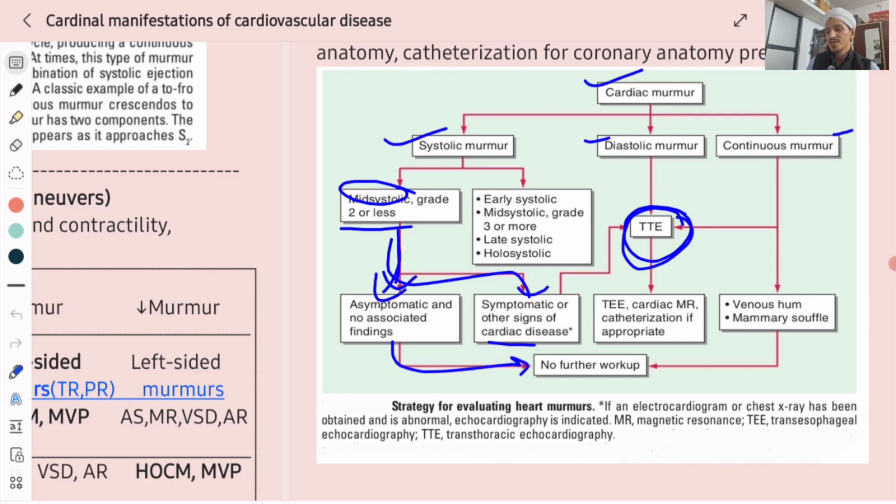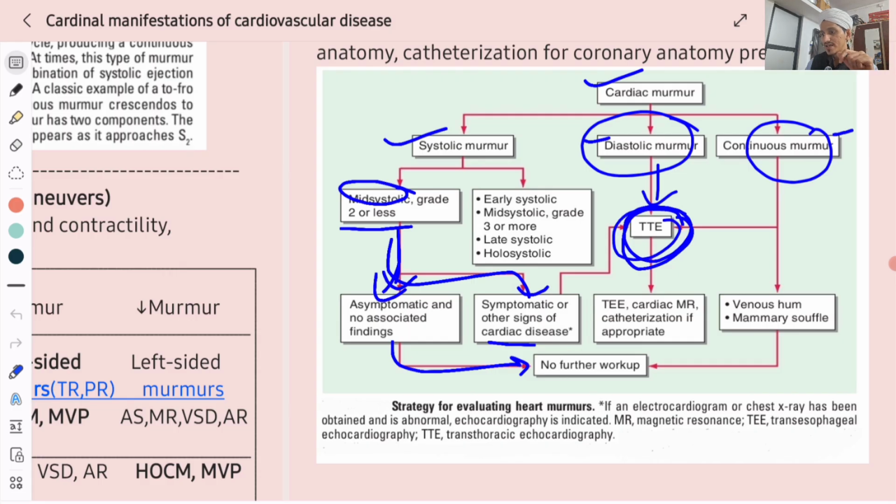Other murmurs, like an early systolic murmur, a mid-systolic murmur of grade 3 or more, a late systolic murmur, or a pan-systolic murmur, are all considered pathologic and you should evaluate by echocardiography. All diastolic murmurs are considered pathologic; no need for grading, do 2D echo. For a continuous murmur, do 2D echo.